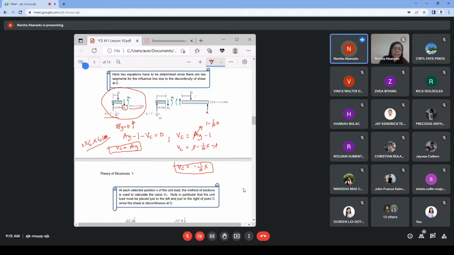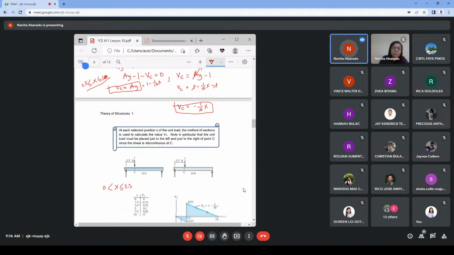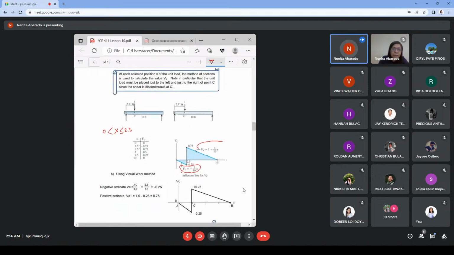Let's say the unit load is here, what will be our equation? If the 1 is moved, then B sub C equals AY, knowing that AY is equal to 1 minus 1 over 10x. Okay, so therefore, we now have two equations for B sub C, because our unit load is moving.